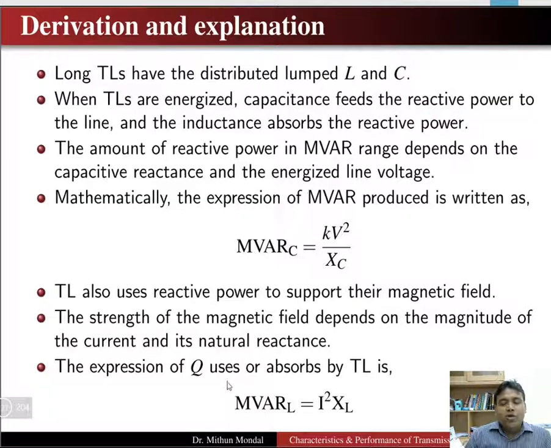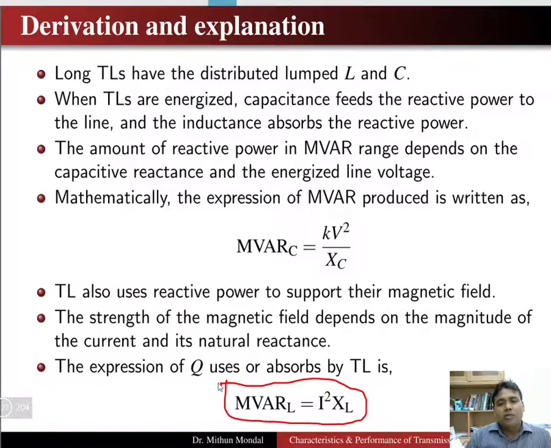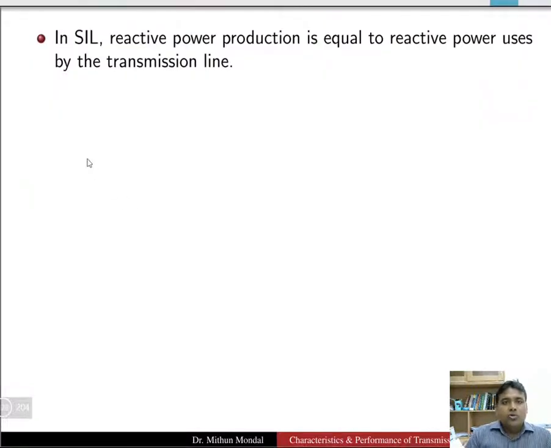Now, the value of the reactive power in inductance is equal to I square XL. So, this is for the capacitance and this is for the inductance. So, MVAR for the inductance is equal to I square XL. So, at surge impedance loading, reactive power production is equal to reactive power used by the transmission line.